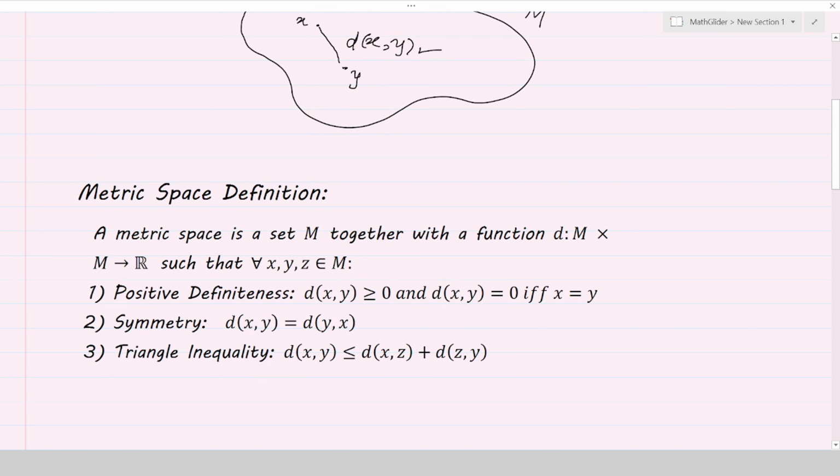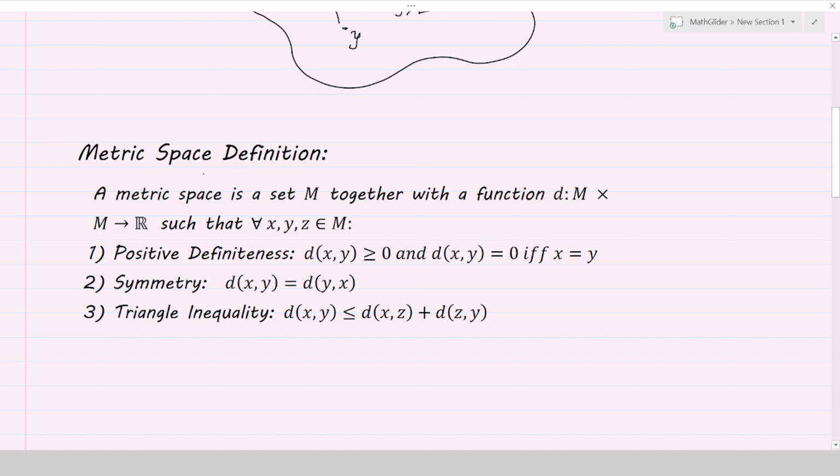So we will define a metric space as a set capital M together with a function, which is our distance function, from M cross M to R. It means the distance will be some real number.